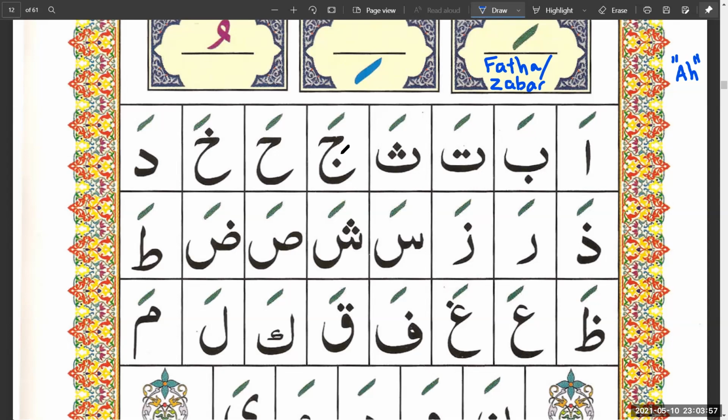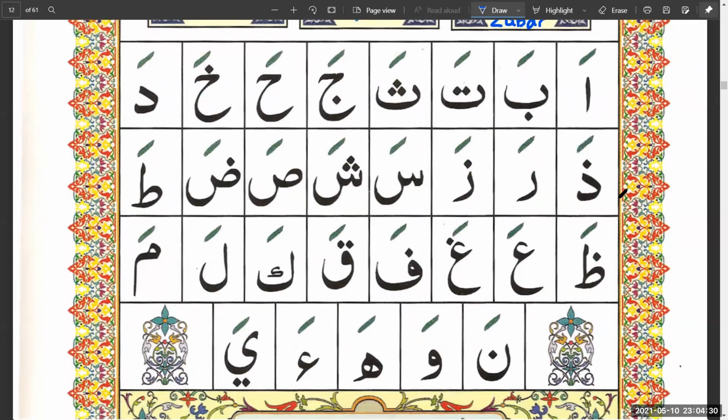Jim, fatha, ja. Ha, fatha, ha. Kha, fatha, kha. And dal, fatha, da. What you may notice is that the fatha gives every letter the "a" sound. We say the name of the letter, and follow up with the sound. So the fatha makes the "a" sound.